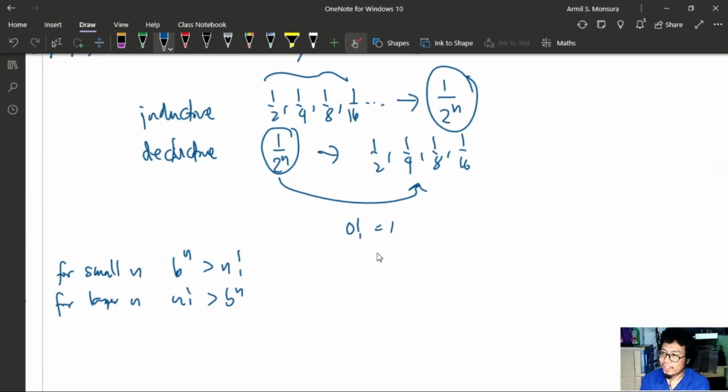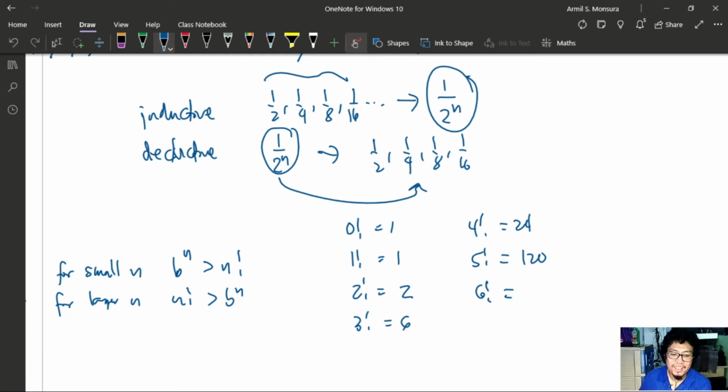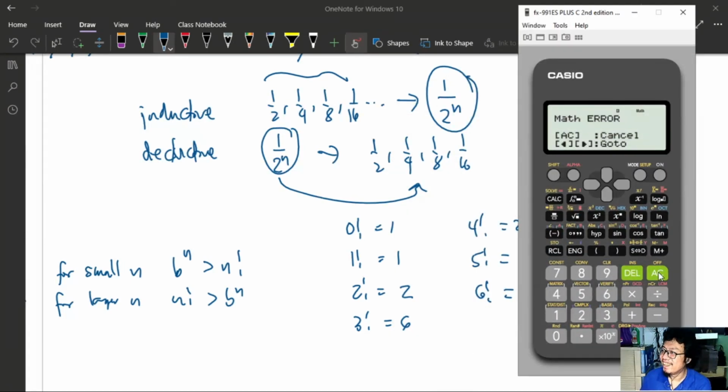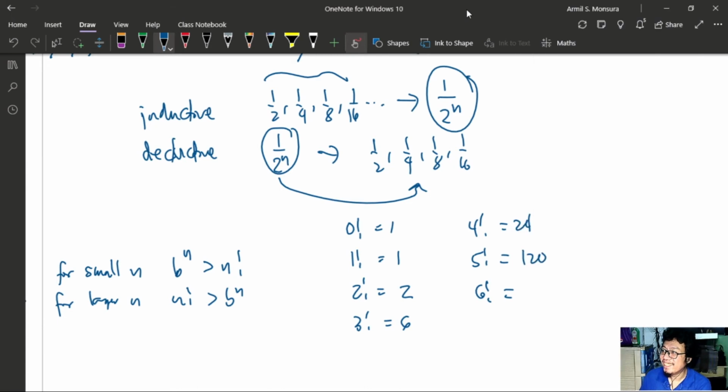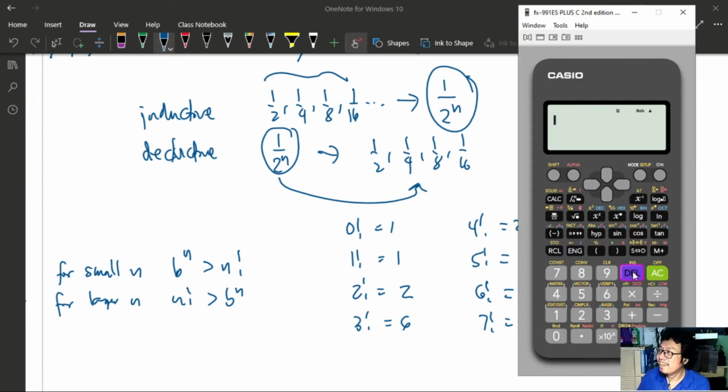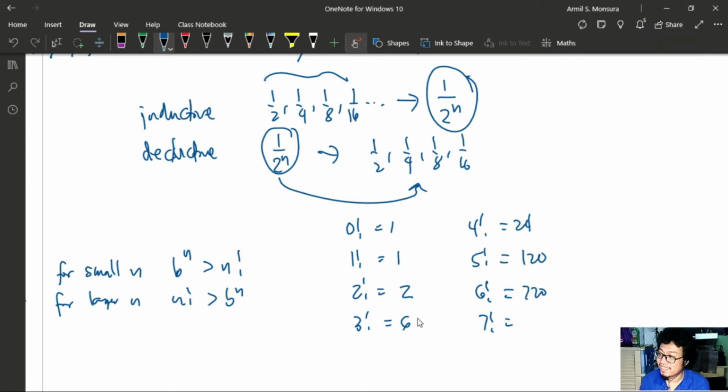The first few terms are: 0 factorial is 1, 1 factorial is 1, 2 factorial is 2, 3 factorial is 6, 4 factorial is 24, 5 factorial is 120, 6 factorial is 720, 7 factorial is 5040, and so on.